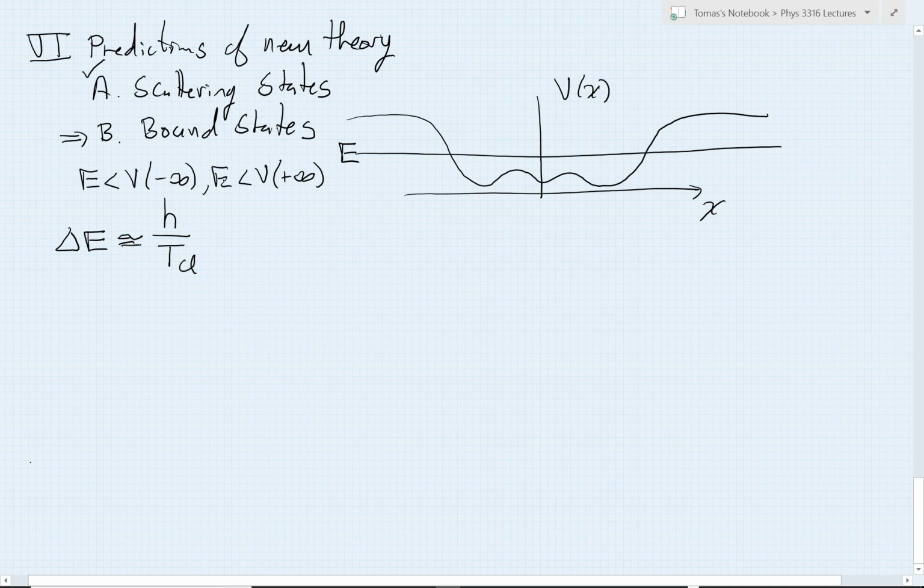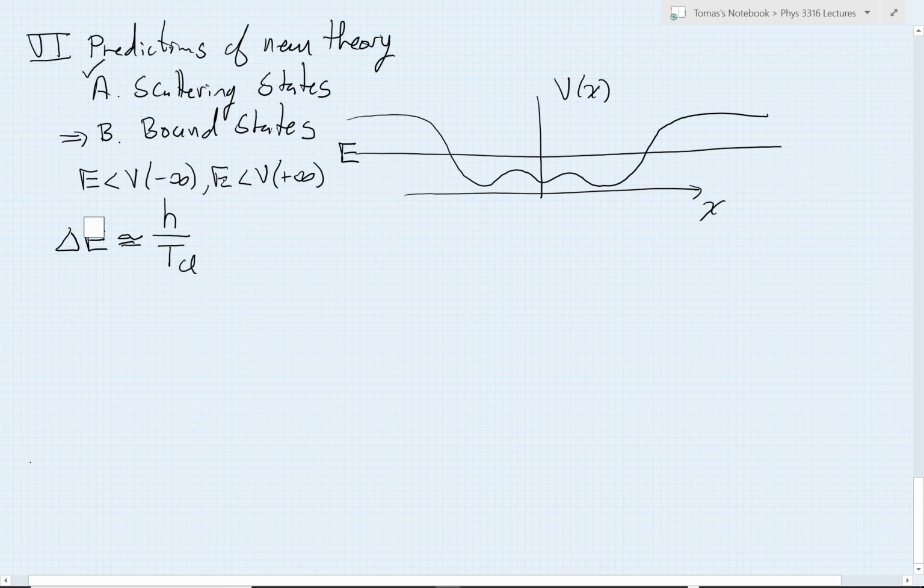And because my particle is now bound to a finite region of space and has a fixed amount of energy, that time is going to be some finite number. It's no longer an infinite number, right? If I don't have a bound state, my particle can tunnel out and then escape towards infinity, and it's never going to come back, which would give me an infinite classical period, which would then give me no spacing between my energy levels.